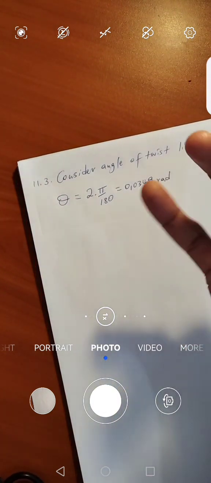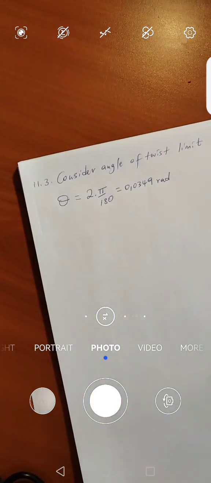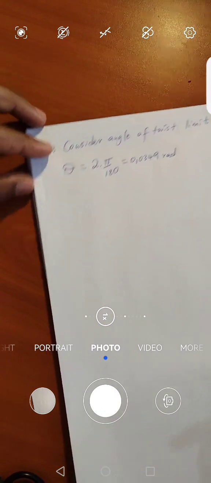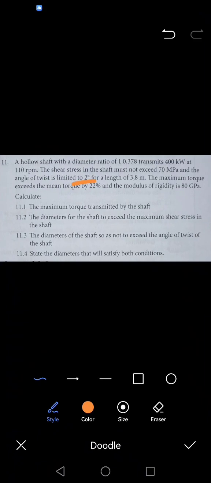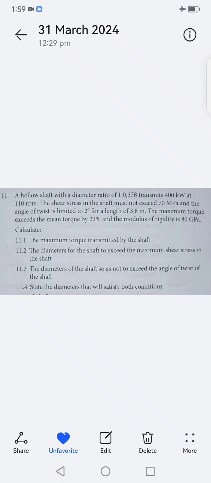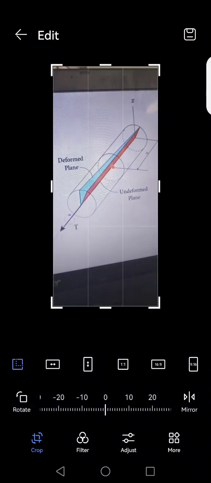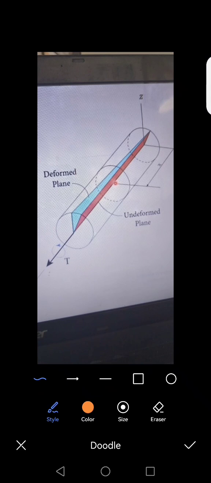So as the shaft gets twisted, to avoid failure, the angle of twist mustn't be more than that angle. So this angle here, as this thing is getting twisted, this angle here mustn't be more than 2 degrees.